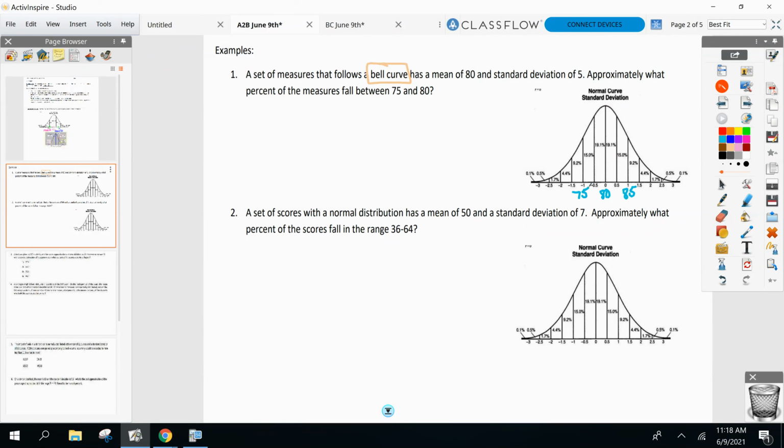Now let's answer the question. What percent fall between 75 and 80? Well, look, it's already labeled. You know where 75 is, you know where 80 is. So what's the percent that fall in between? Add up the percents from 75 to 80. Right here, these two. You don't need to make these markings on your curve. I'm just showing you 75 to 80 includes those two percentages.